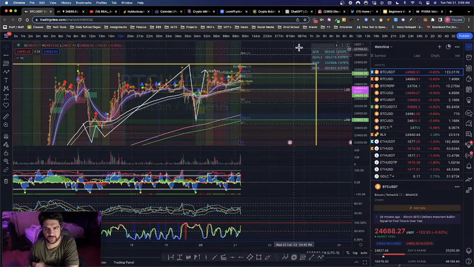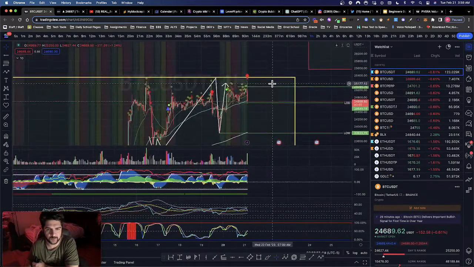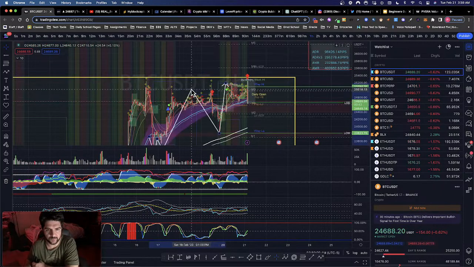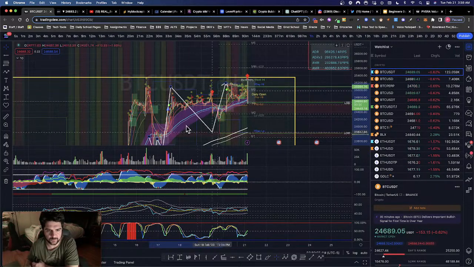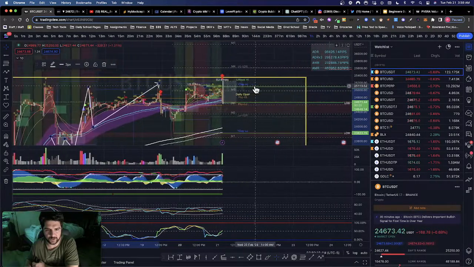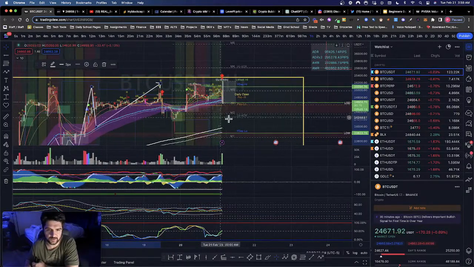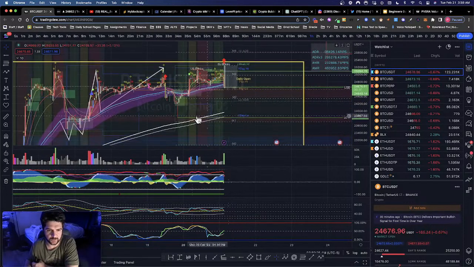Let's go to the hourly. Ooh, level 1. That could be level 1 right here, stop hunt. Level 2. Sometimes you don't get 3 levels. It's a big ass green vector. Got a nice pin here.